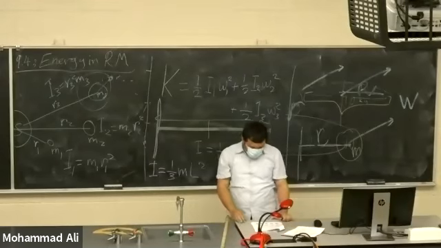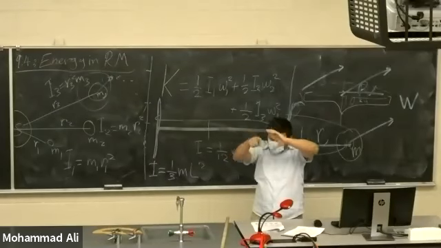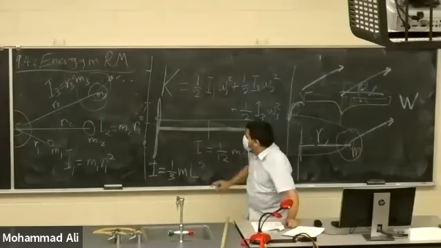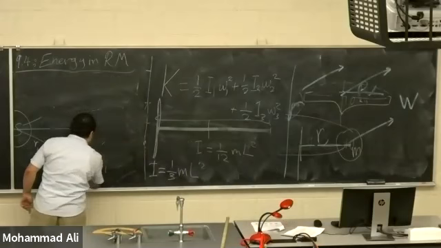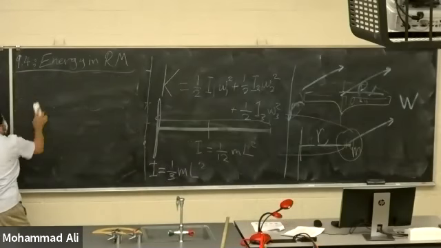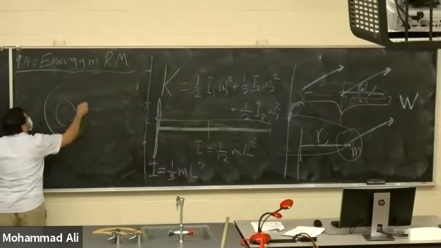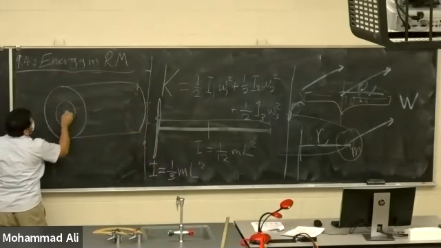For cylinders, for a hollow cylinder around its axis, with two different R's, I'll show you something. By the way, you will be given these relations during the exam. With my time, we didn't take them.